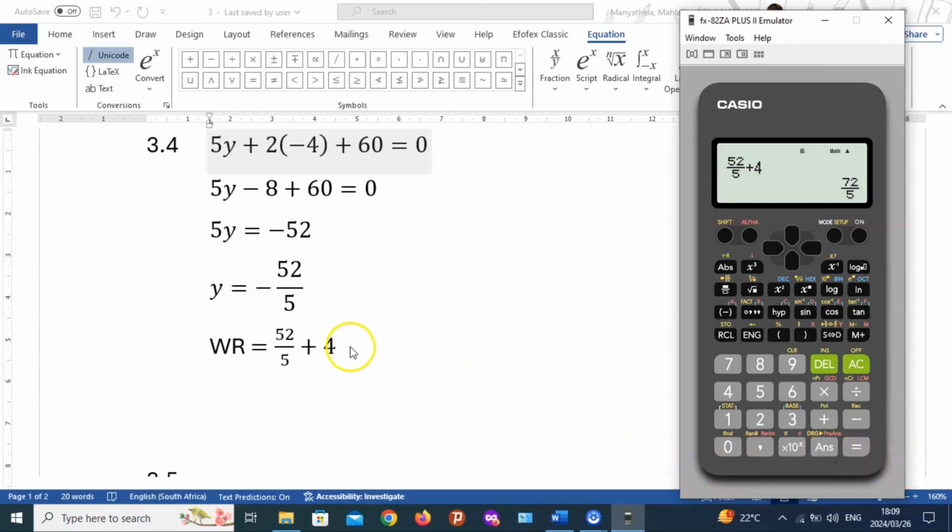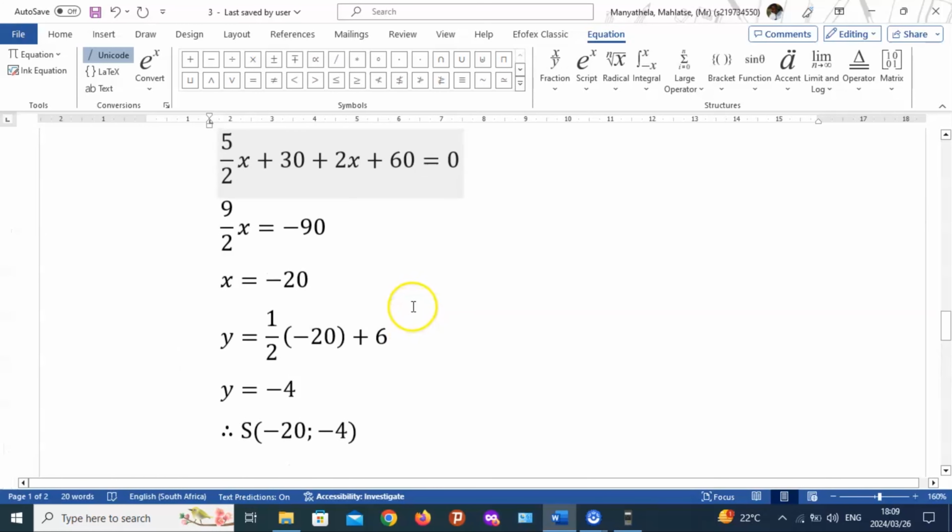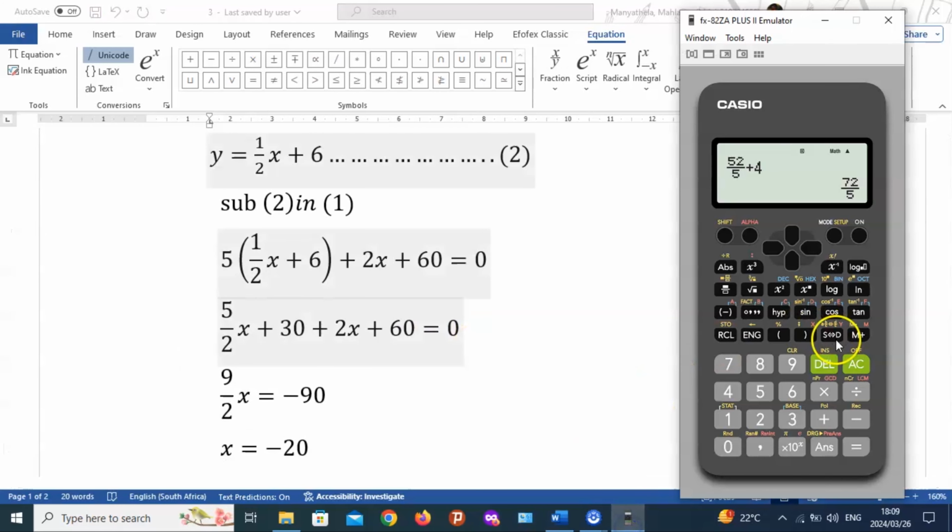So the distance of WR is 72 over 5. Or you can simplify to decimal, which is 14.4. It's up to you. You either write it as 72 over 5 or 14.4.